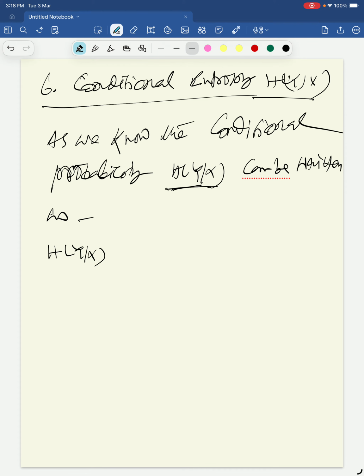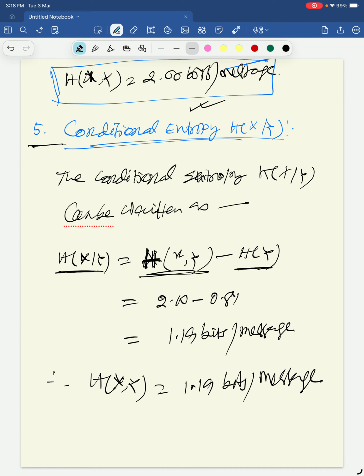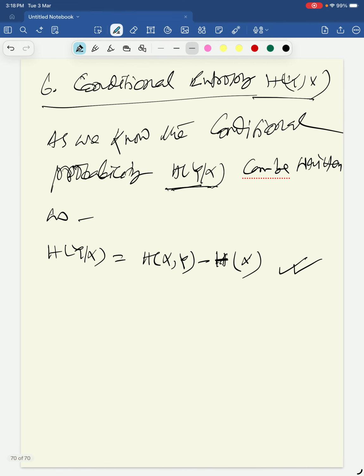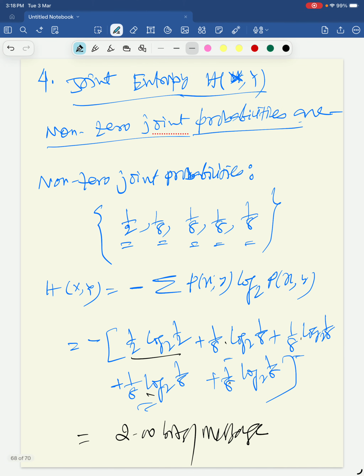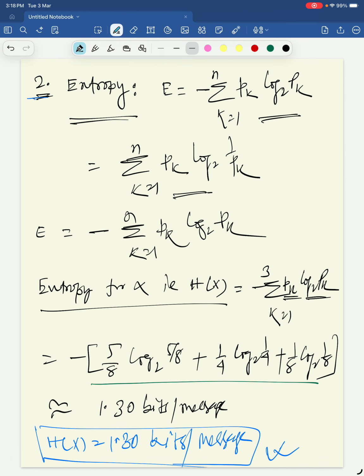H of Y by X is equal to, as per formula, H of X comma Y minus H of X. This is important. But what is H of X comma Y? This one only, 2.00 bits per message minus H of X. H of X is equal to 1.30.